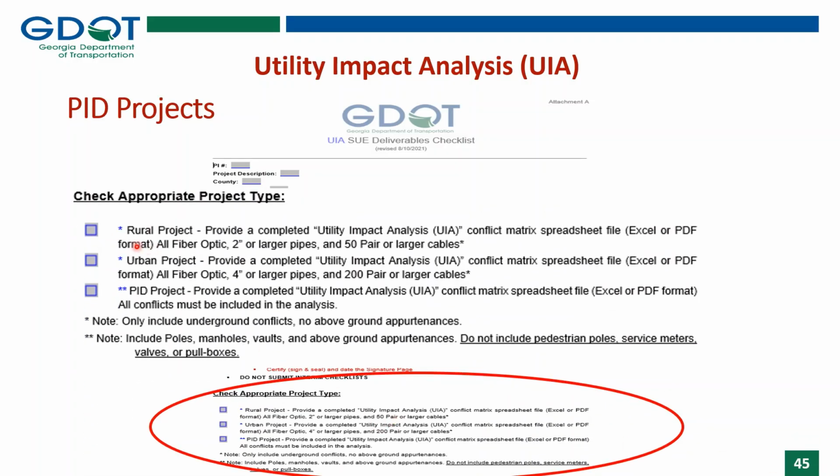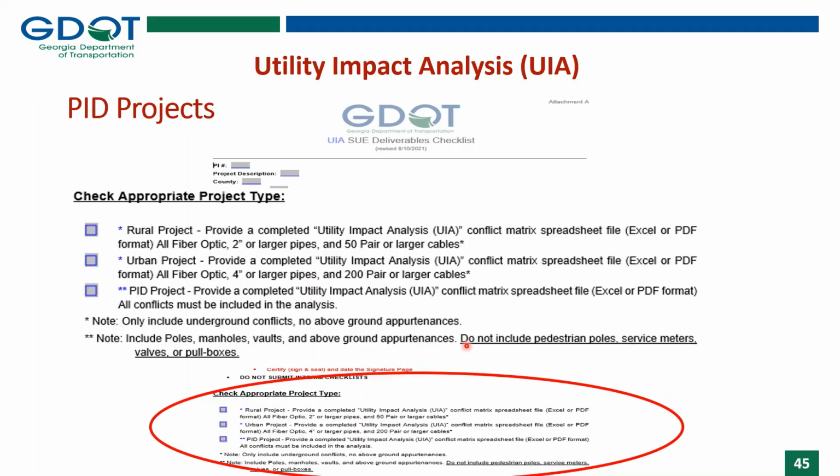So here we see there's a checkbox for rural projects, there's a checkbox for urban projects, and finally the checkbox for PID projects. So for PID projects, above ground appurtenances will also be provided in that utility impact analysis. You will include poles, manholes, vaults, above ground appurtenances of utilities.